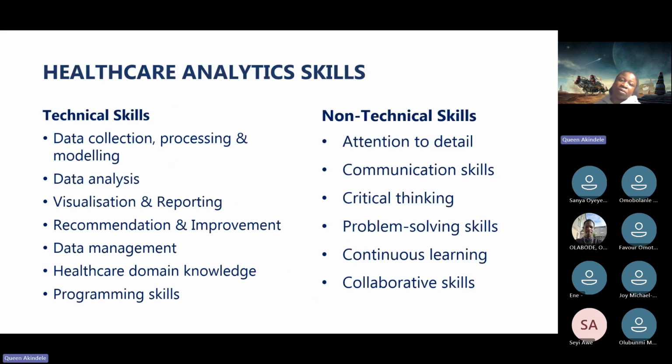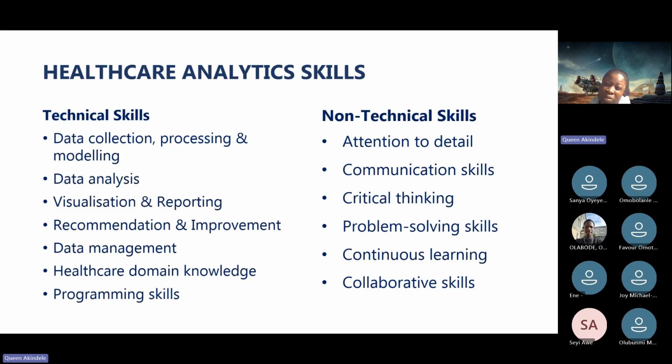So here we're talking about the healthcare analyst skills. So there are two categories of skills, the technical skills and the non-technical skills. So as a healthcare analyst, you should be able to source for data. That's collect data, process your data, and model your data.